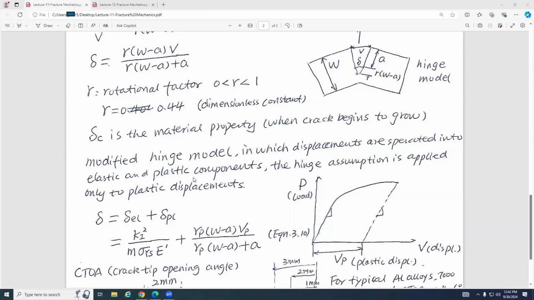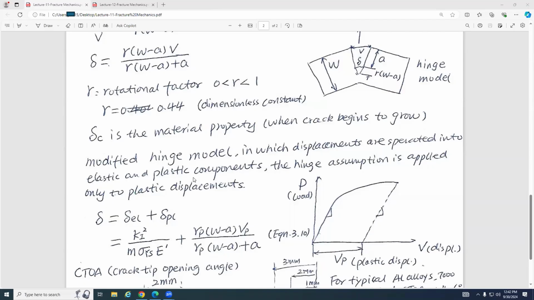But even when you come to this point where P equals 0, the displacement is not equal to 0. You still have some displacement.